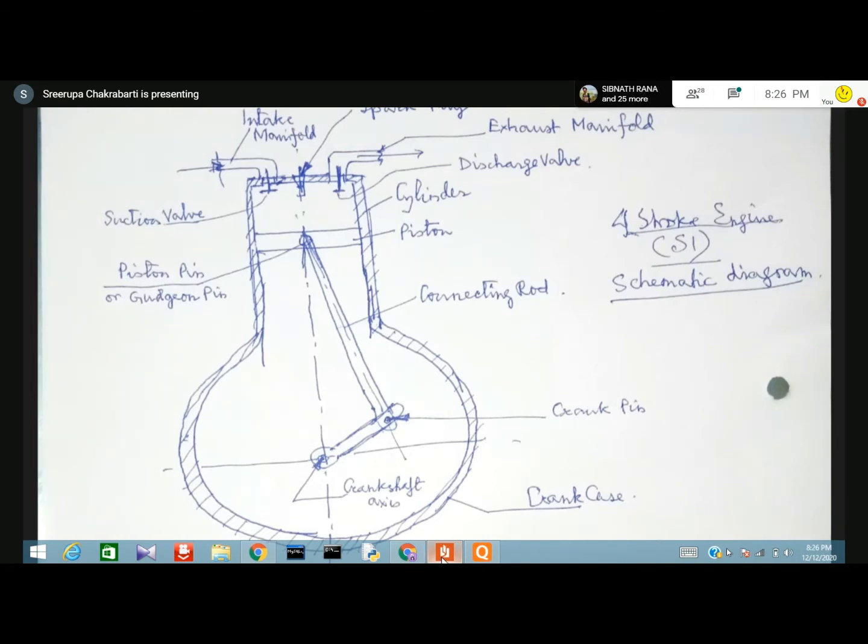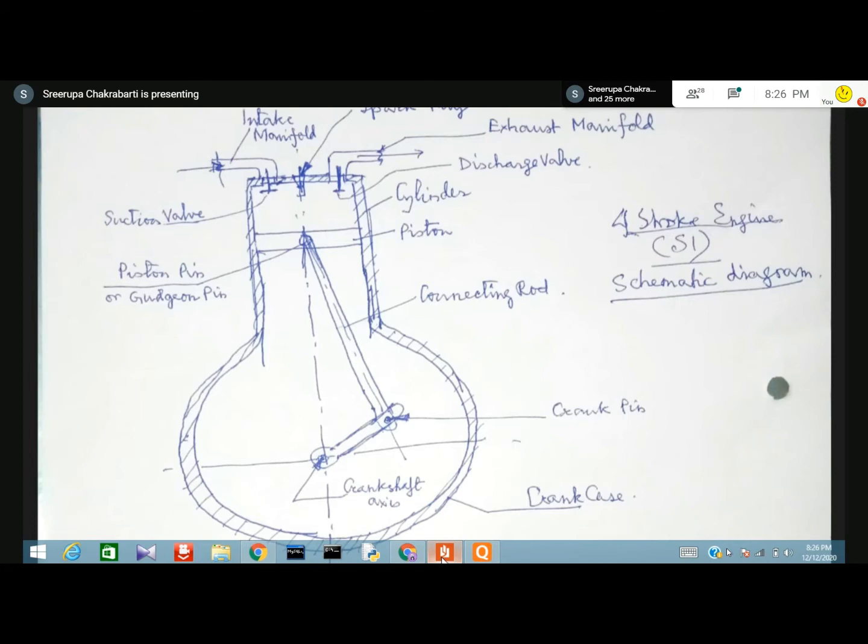Valves are again moving components. They can either close the opening or make the opening open. They are not closing and opening simultaneously; they have their own time of opening and closing.